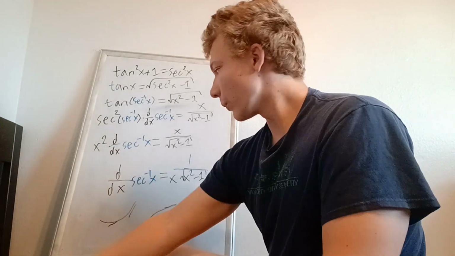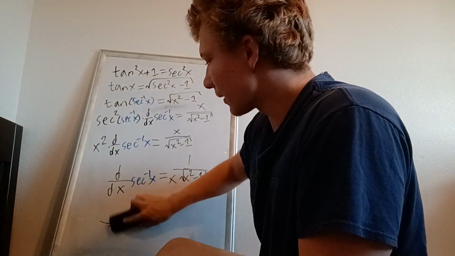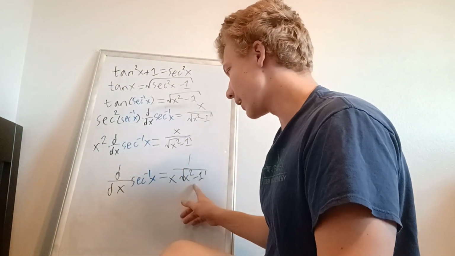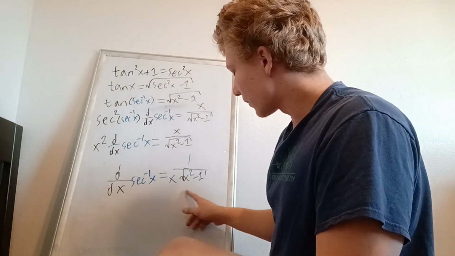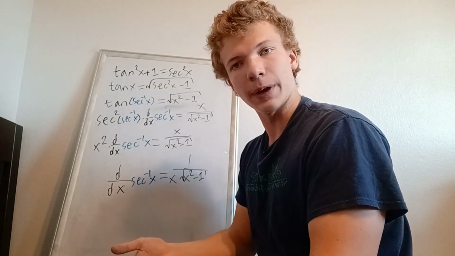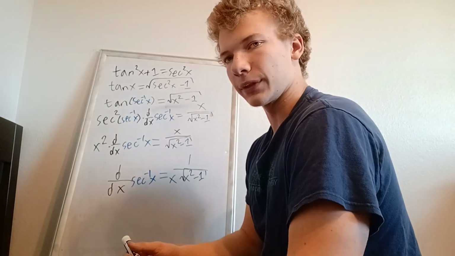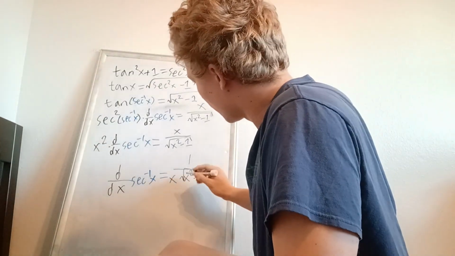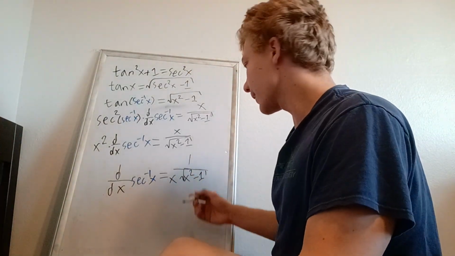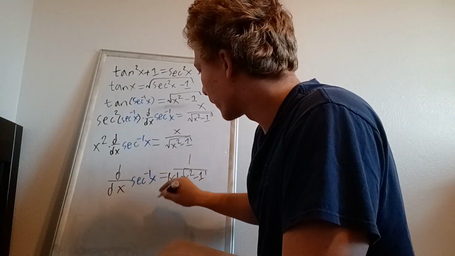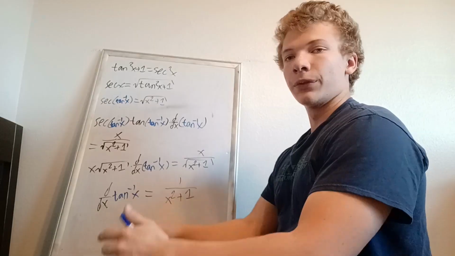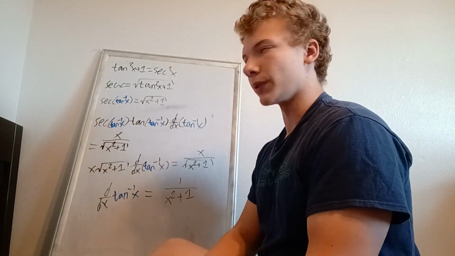Now, what that means is that for negative values of x, our current expression can have a negative output because the square root of x squared minus 1 will always be positive because it's the square root, and so we have to consider this. This x cannot be a normal x, and we have to add an absolute value.